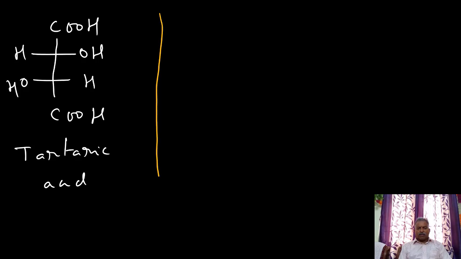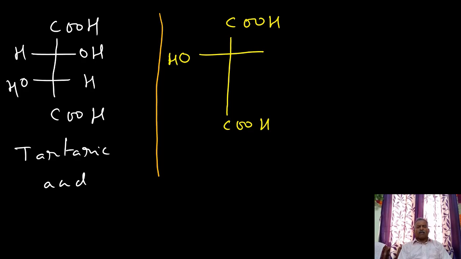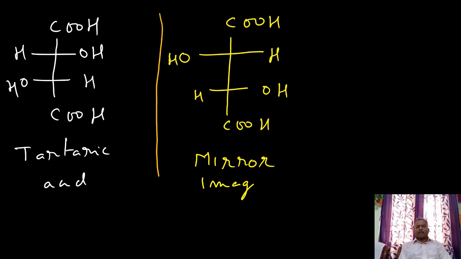If this molecule is observed in the mirror, the image of the molecule is observed in this manner: OH is observed on the left side and hydrogen on the right side, and here hydrogen, OH. So this is the mirror image.